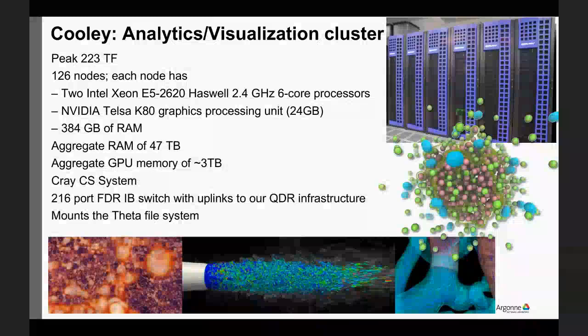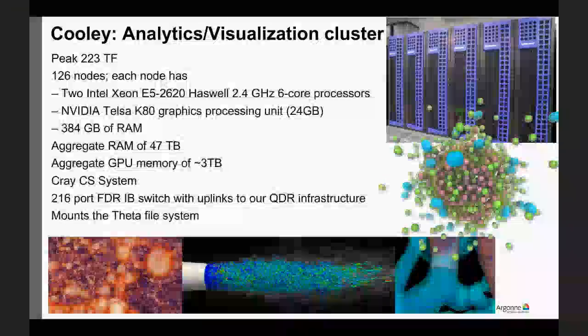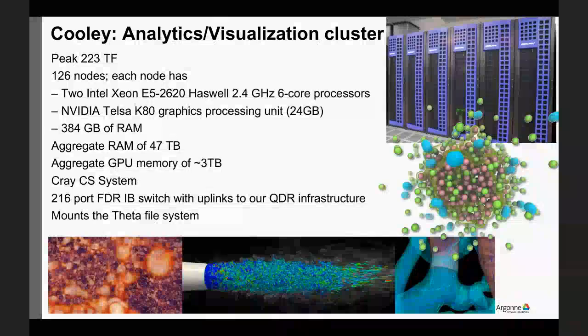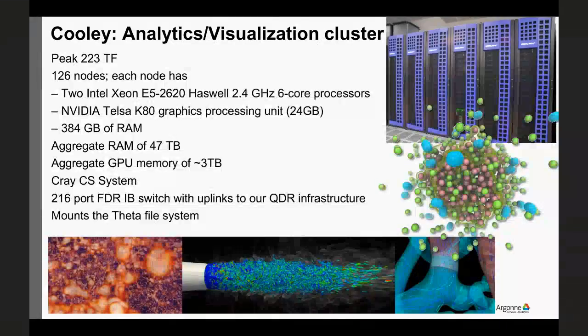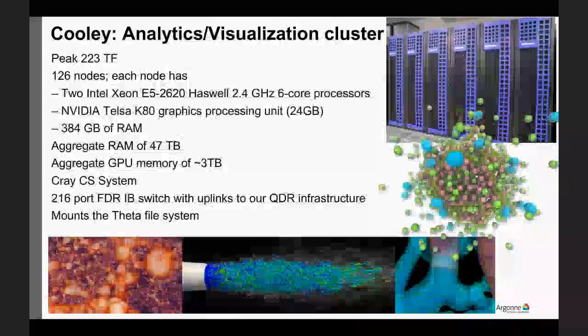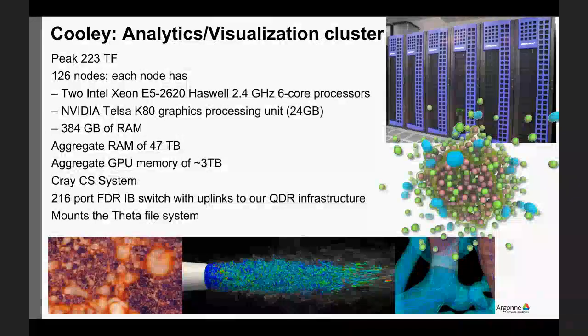This machine went into production in 2015, so it is getting a little bit old, but it's still heavily used. One of the features is that it has 384 gigs of RAM per node. So that makes it a really useful resource for lots of different reasons, as you can imagine.